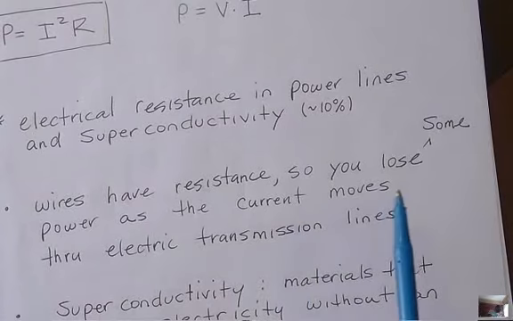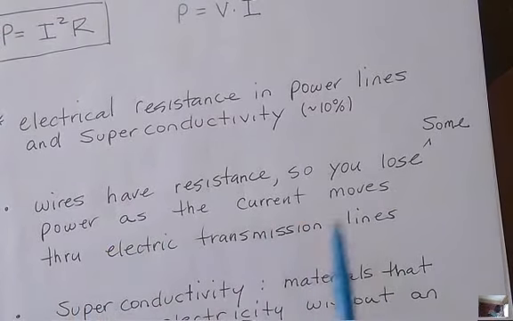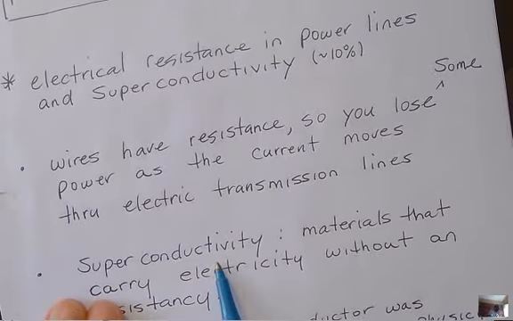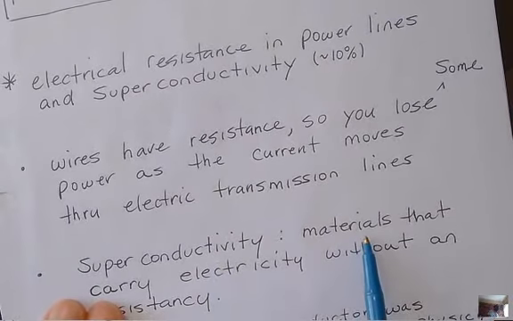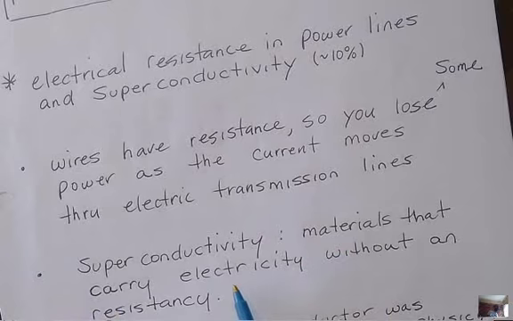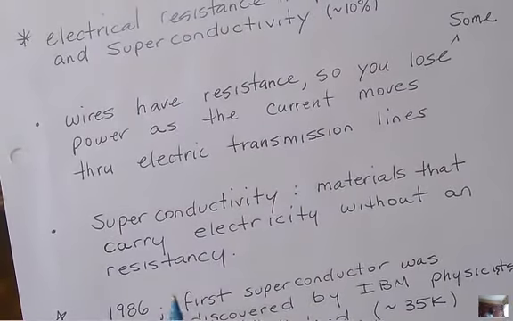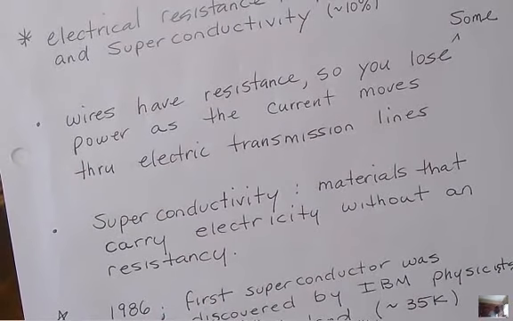Wires have resistance, so you lose some power as the current moves through the electric transmission lines. What is superconductivity? Materials have been developed that carry electricity without any resistance. Resistivity is a term for resistance over a distance, so it basically means the same thing as resistance.